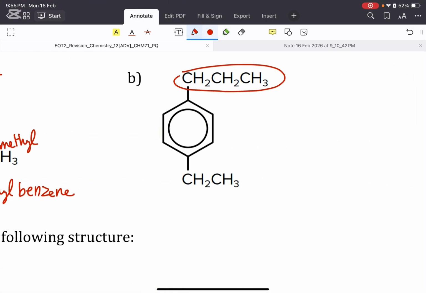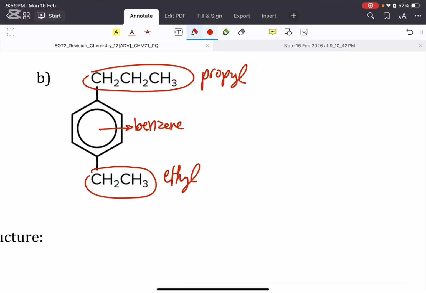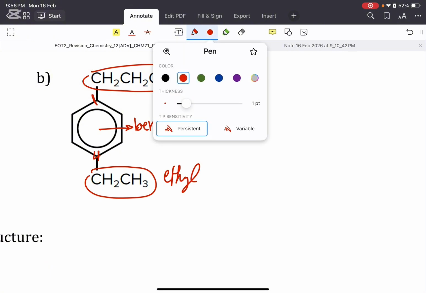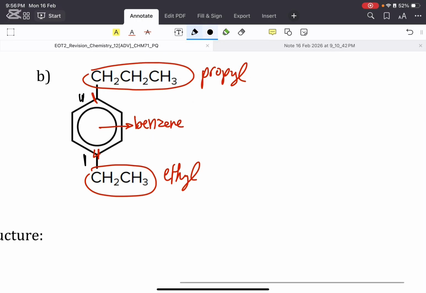What about this one? This is a branch of 3 carbons, so that's a propyl. And this is a branch of 2 carbons, that's an ethyl. And that is the benzene ring. So how do I name it? My branches are on the first and on the fourth. Should I say 4 ethyl or 1 ethyl?